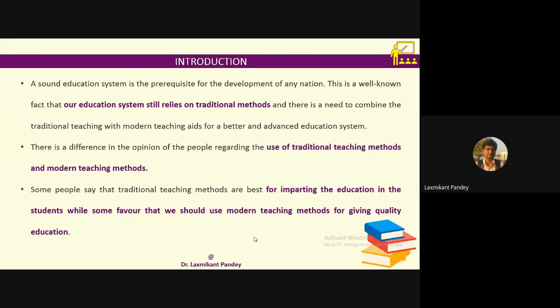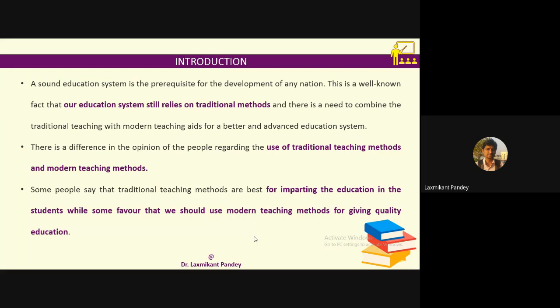The main thing is that as science develops, as the IT sector and the computer sector develop, there is an incorporation of those developments in information technology into the education system too. The main thing that makes the newer techniques different from the older techniques is the incorporation of information technology in the teaching methodology.